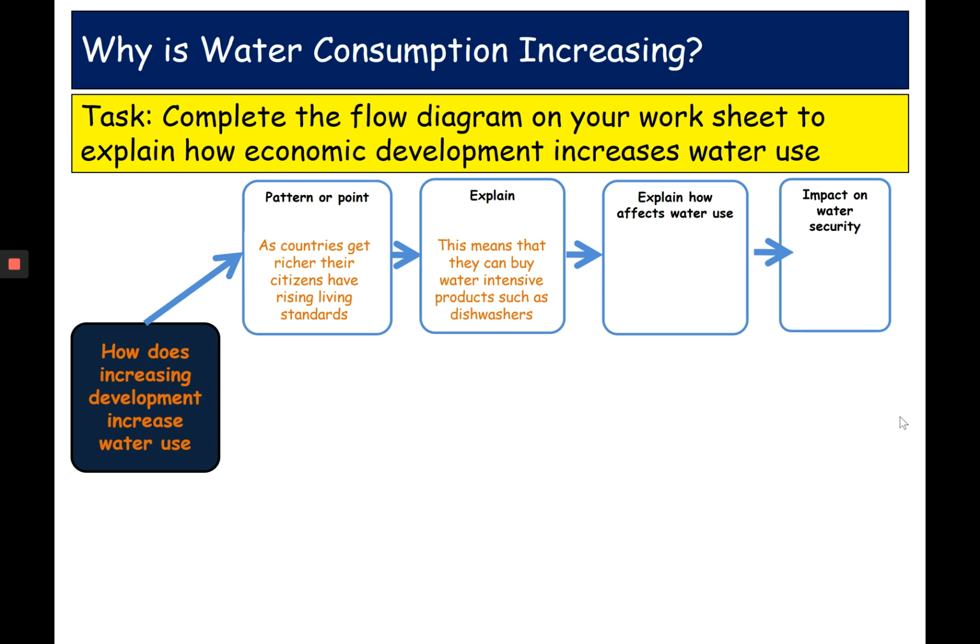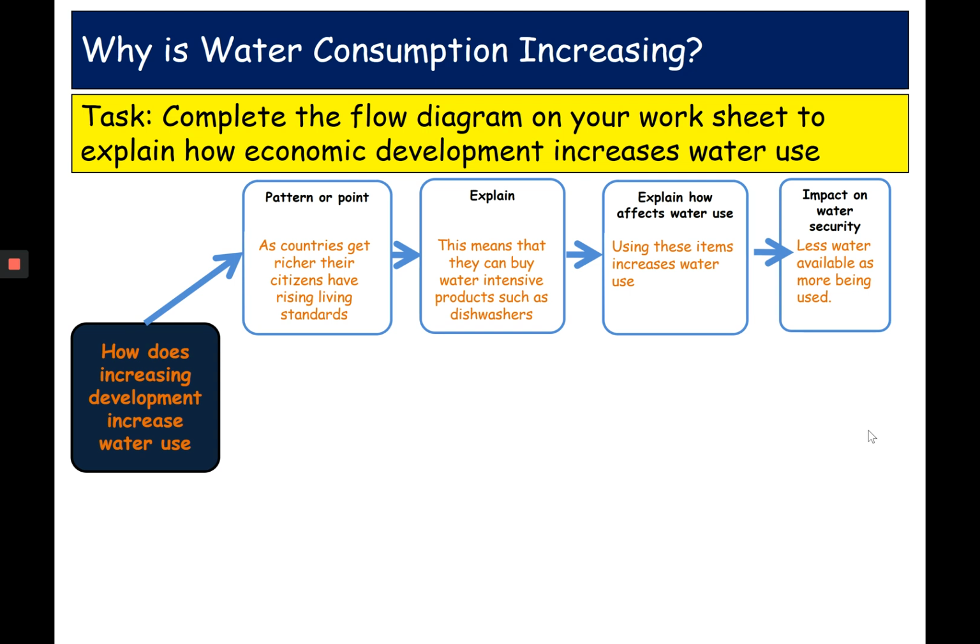Well, how is that linking to our water use? Well, each of these items are what we call water-intensive products. So having them and using them increases the amount of water that each person uses on a daily basis. And finally, if that's happening, more water is being used, so there's ultimately going to be less water available for use by other people. And that's a really good example for you to use.